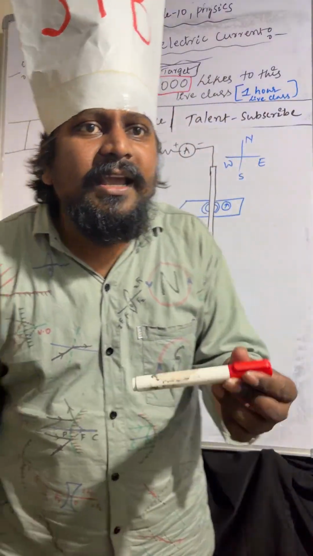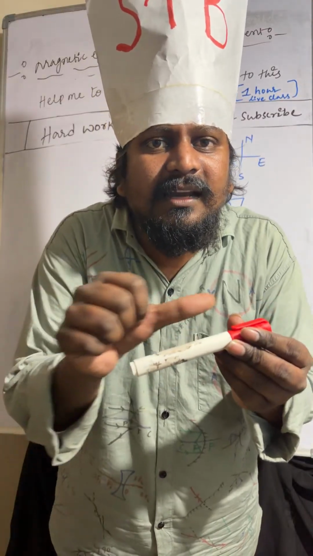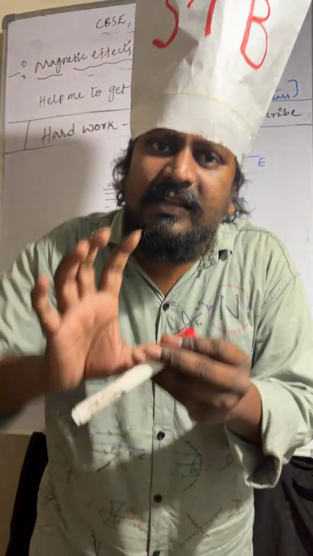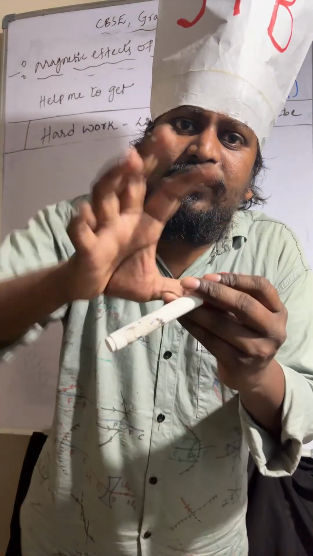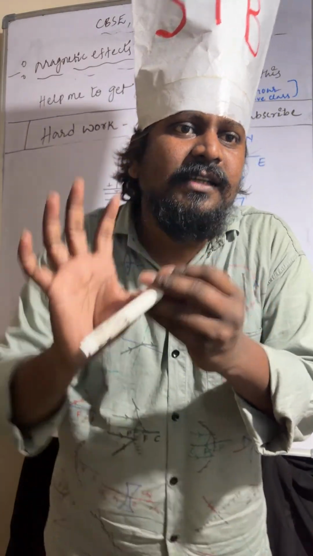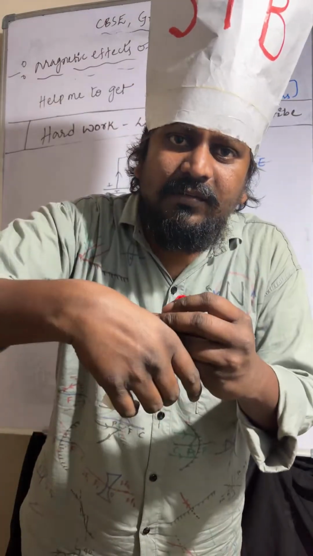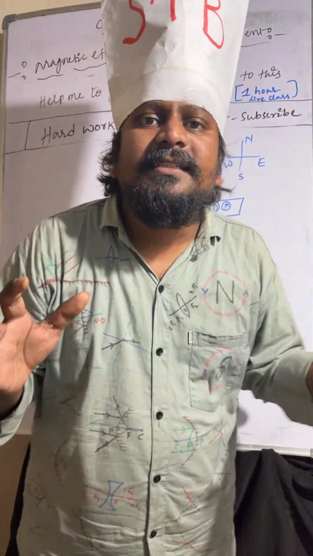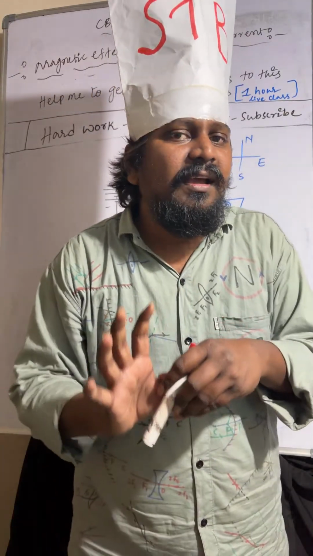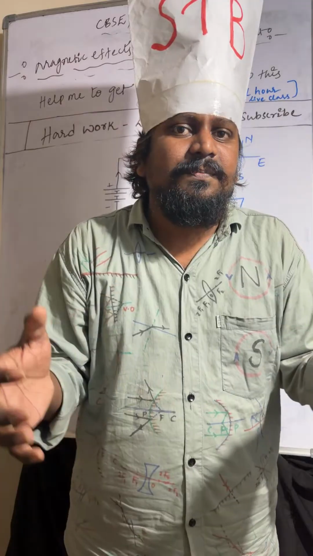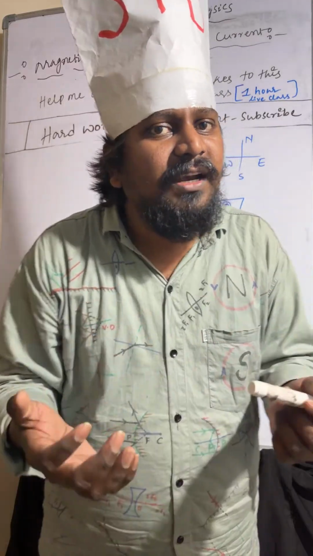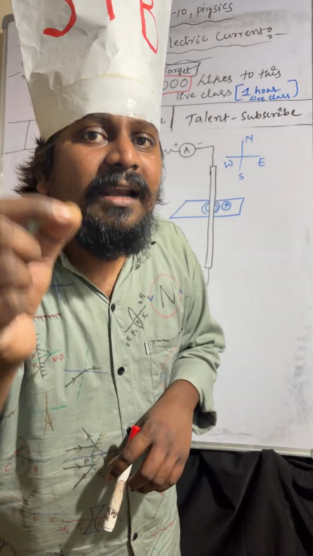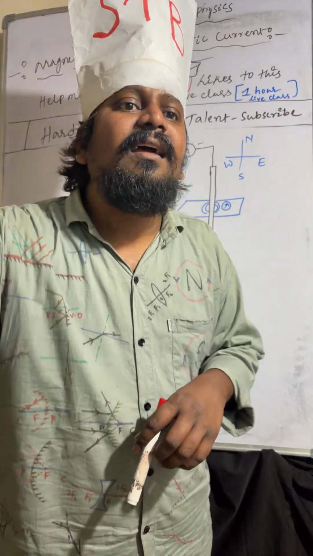Curly, folding fingers represent the magnetic field around the current carrying conductor.